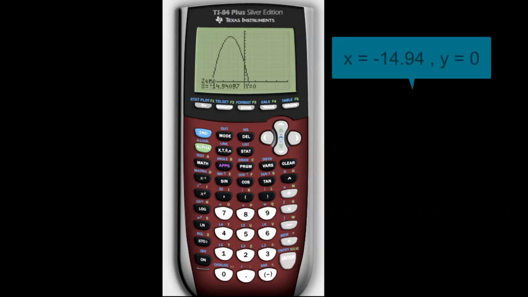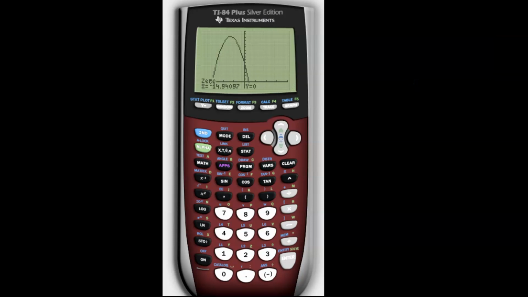So there's one of our zeros, negative 14.94, or 14.941. So that's the left x-intercept. Now we're going to go ahead and repeat these steps for the right x-intercept. So let's go back to second trace, go down to option number 2.